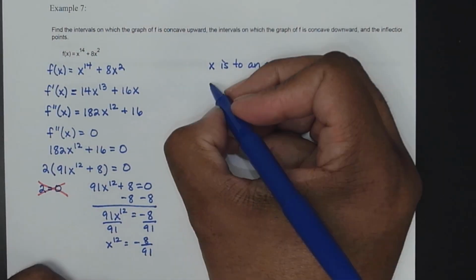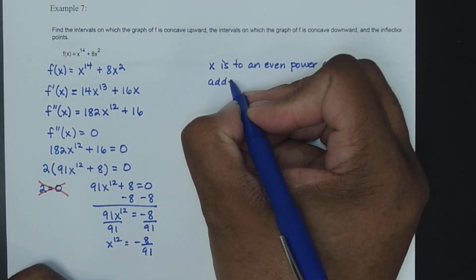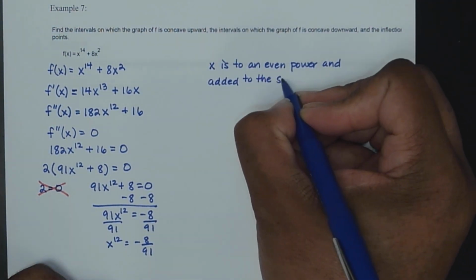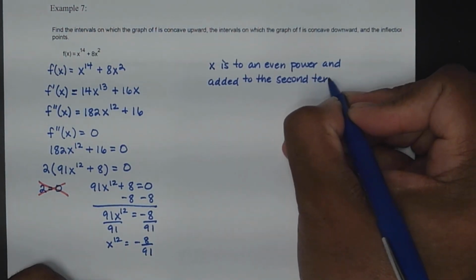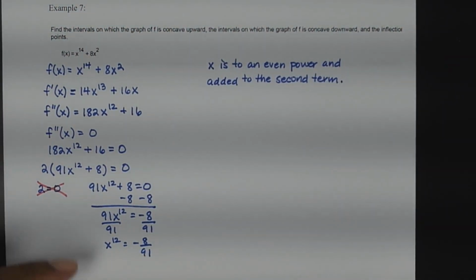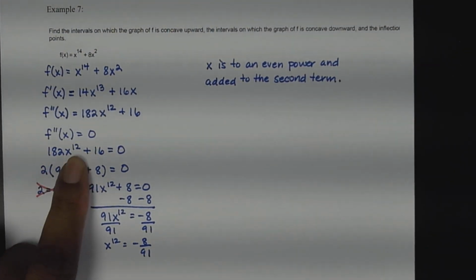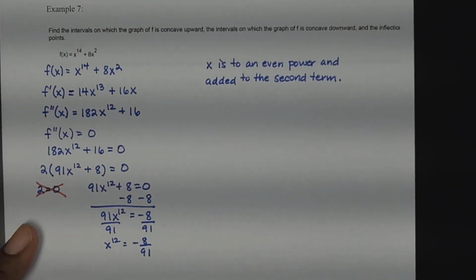And that is added to the second term. Okay? Because if you look at this, it's to an even power, and adding that to a second term is always going to be positive.